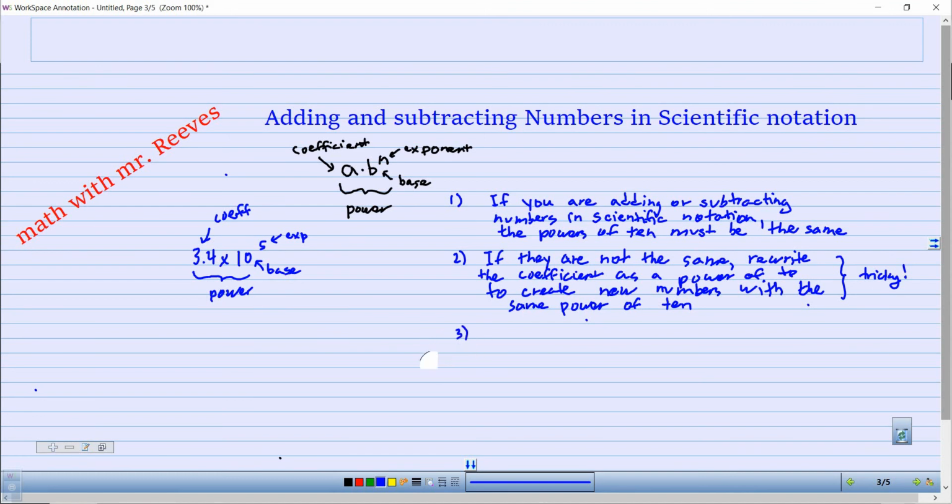All right, so then once they are the same, okay? I'll put this. When the powers of 10 are the same, add the coefficients and keep the powers of 10.